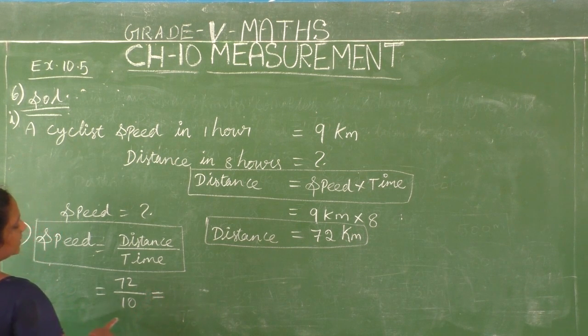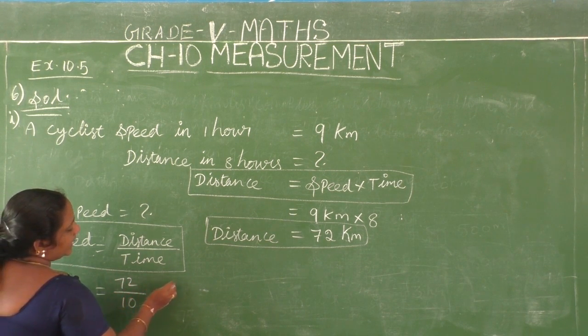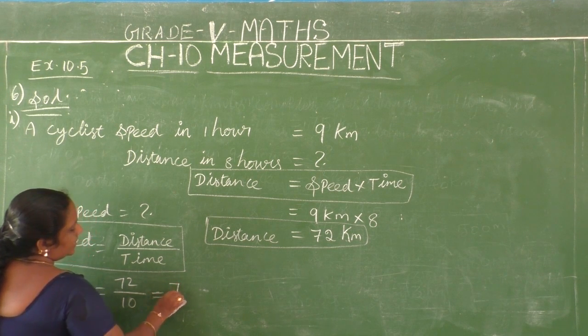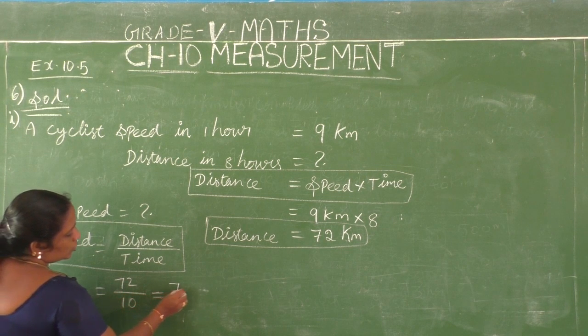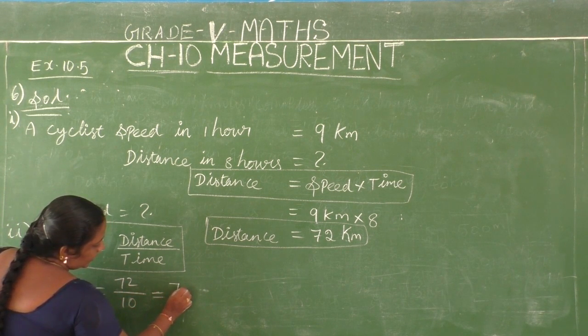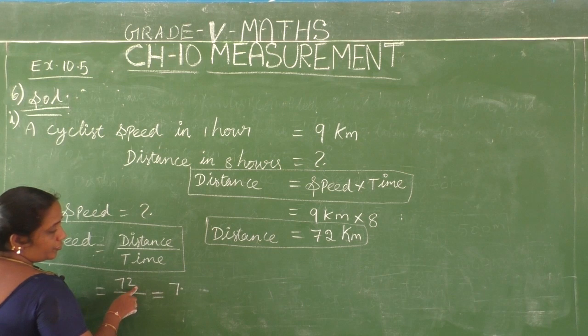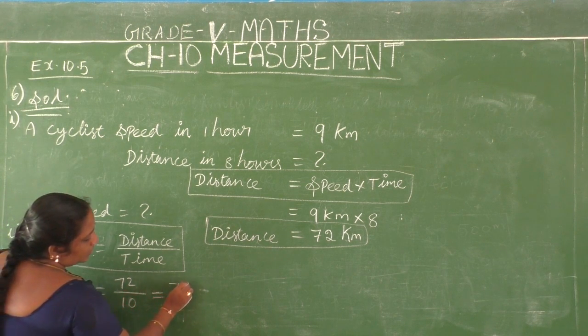So we have to cancel it. I am going to use the 10 table here. 1 ten is 10. Here 72 means 7 times it will come. 7 tens are 70. So 2 will be remaining. So I keep the decimal point and add 0. Then I have 20. So 2 tens are 20.